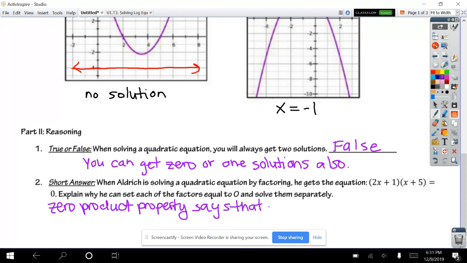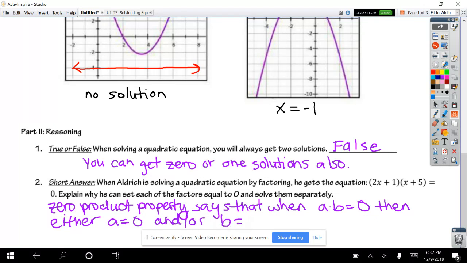when two terms, we'll call them A and B, multiplied together to give 0, then either A has to be 0 and or B has to be 0.